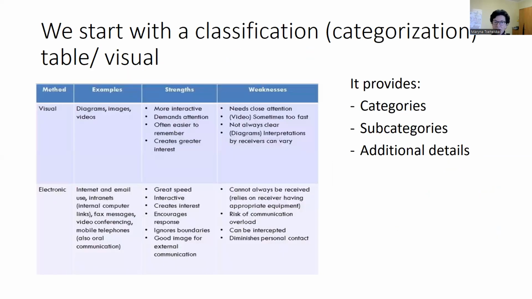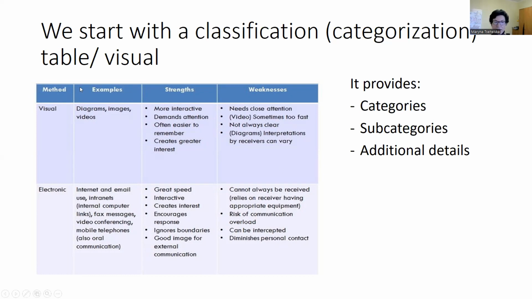So let's now go to a new topic. We are talking today about visual and electronic methods of providing information. And as usual, we start with the categorization table. Let's examine this table.